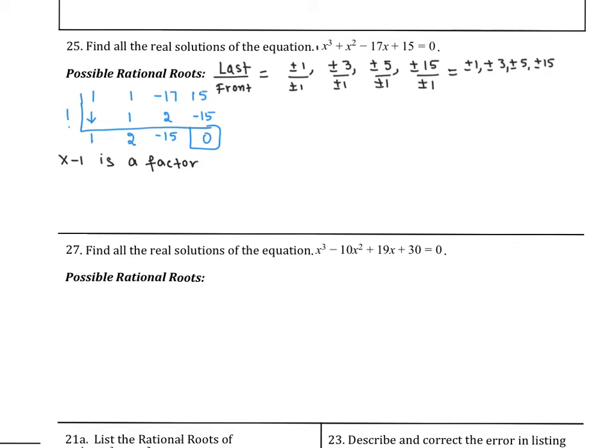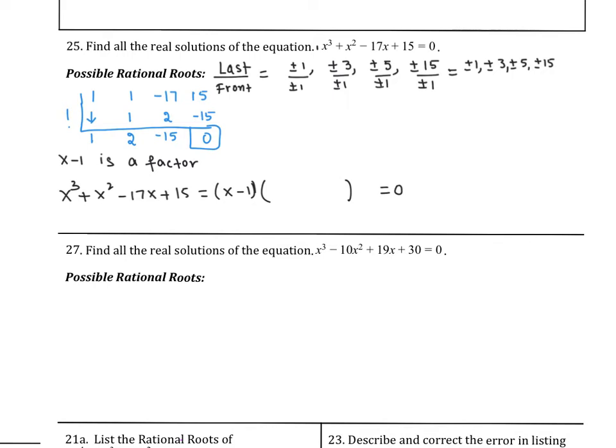Now we already have one factor for the given polynomial. Now we are going to find the other factors and put them equal to 0 to find x values.